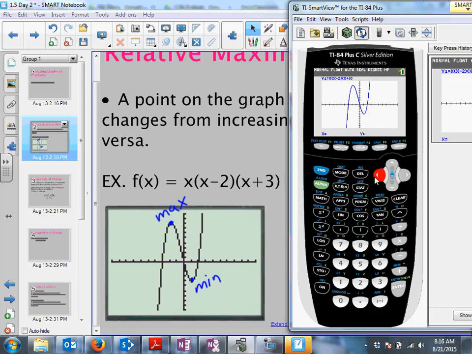So this is around -1, 2/3, 8. Then you could toggle over and figure out where this point is. We're only going to be able to approximate. We cannot find the actual value until we get to calculus. So this is something where you get to play around with your calculator.